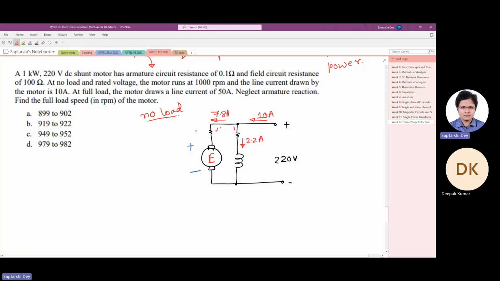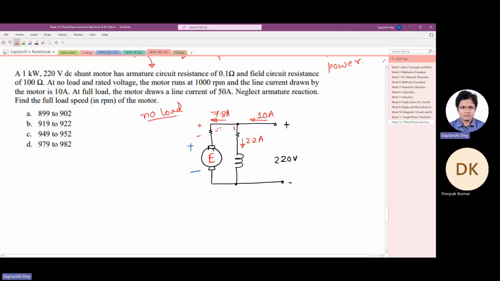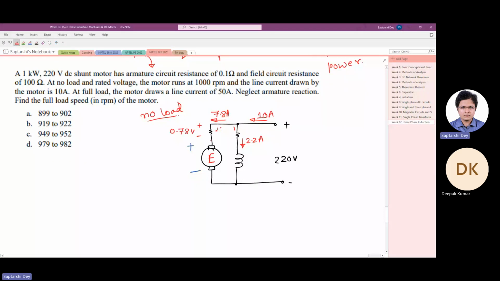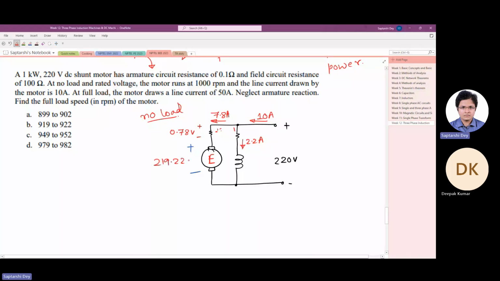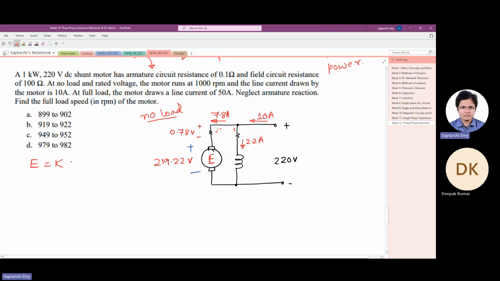Now you see there is a drop here once again, which is 7.8 times 0.1 ohm. So 0.78 volt drop in the armature circuit resistance. So of 220 volt, this much drops, so this becomes 219.22 volt. So this much is the back EMF of the motor at no load when it is running at 1000 rpm. The same approach, E equals k phi n.